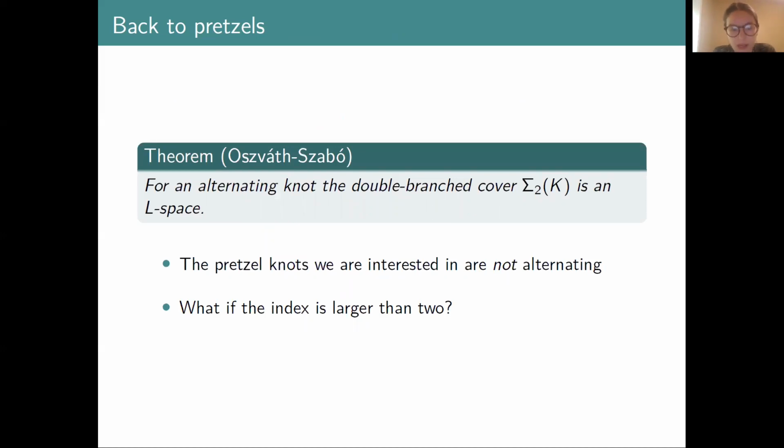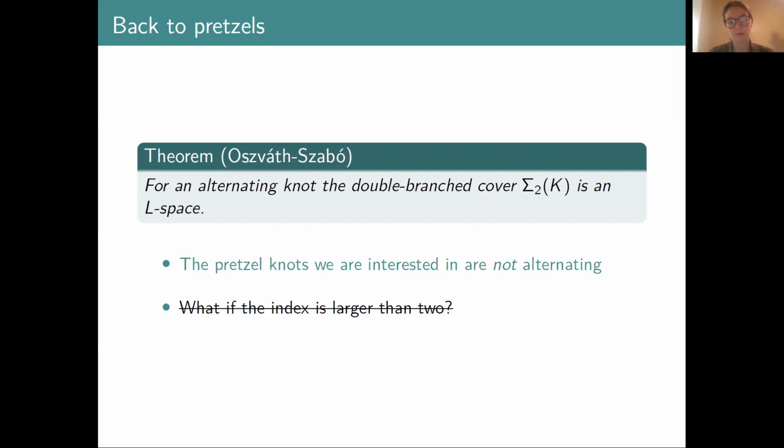Okay, so the problem again is, the only thing that we have at our disposal right now is that the double branch cover is an L space for alternating knots. We took care of the problem that the index is larger than 2, so we've turned our problem into a question about double branch covers.